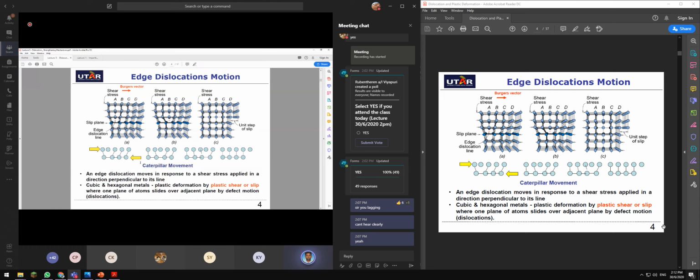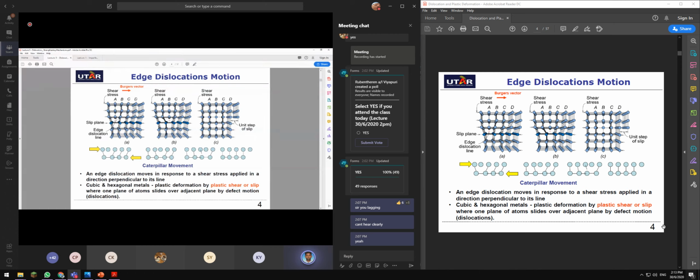All the atoms on top will move in this direction, and all the atom planes in the bottom will move in this direction. That is what we call an edge dislocation.